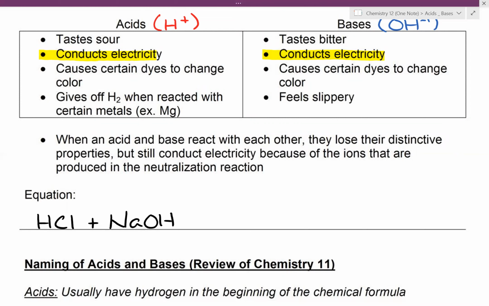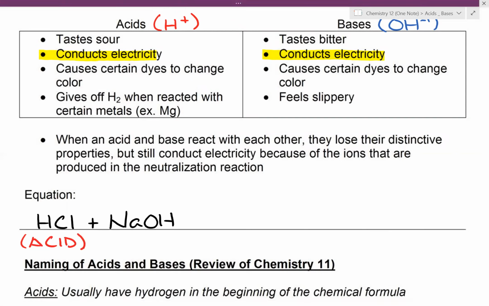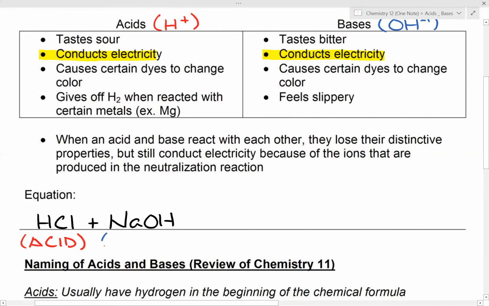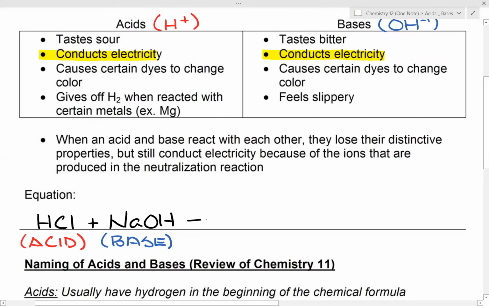HCl was your acid, and NaOH was your base. When you had the neutralization reaction, you would get water and NaCl.